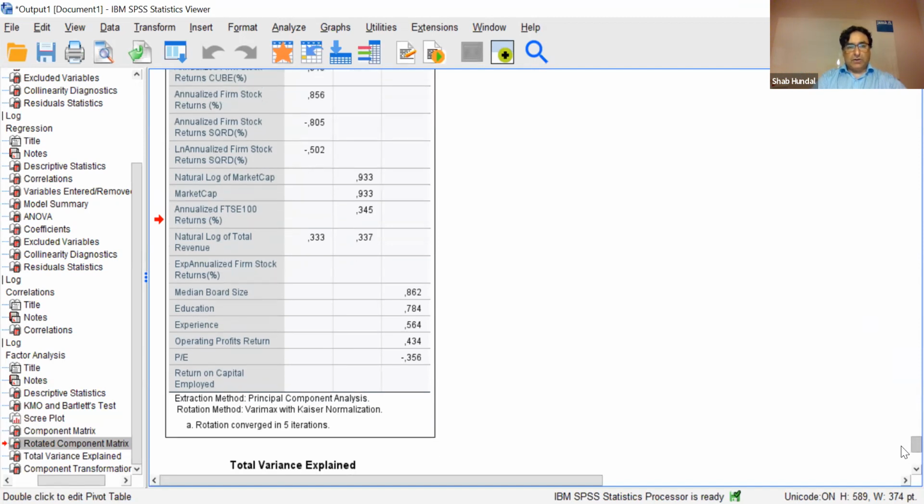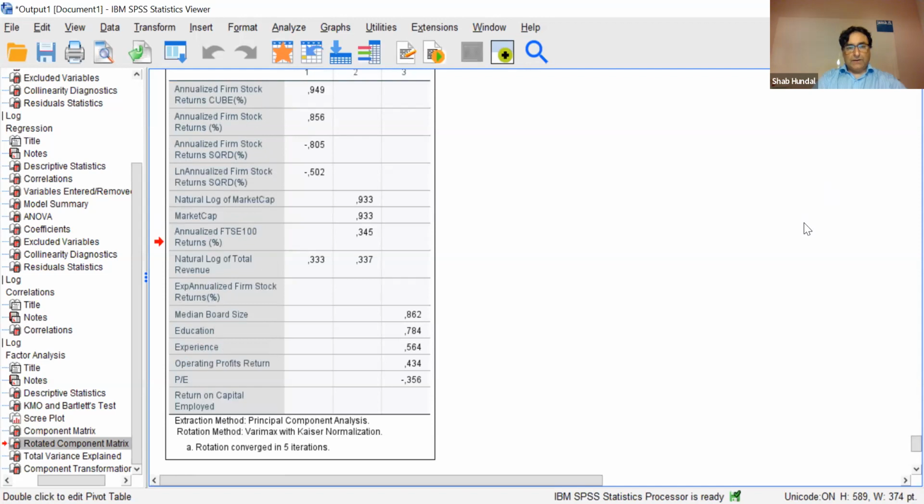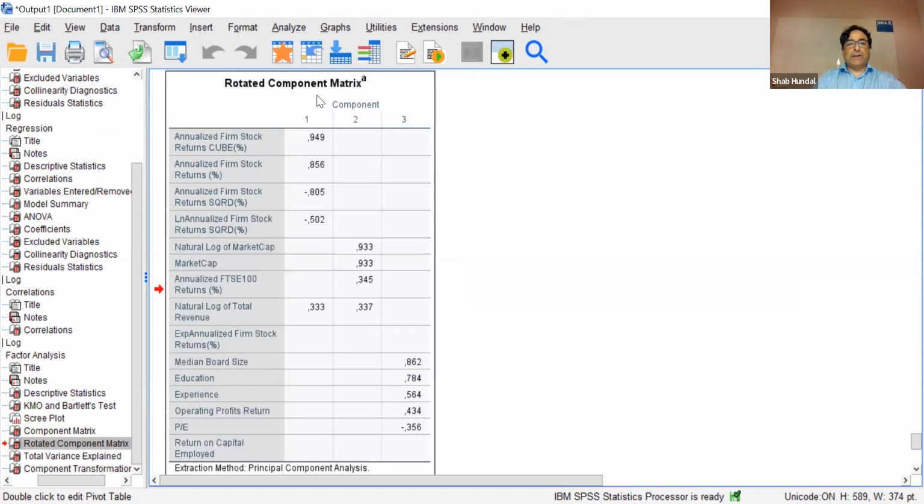Stefan, if you take a screenshot, then you can help me in calculating the factors, how we calculate the factors. And please bear in mind that for the sake of this workshop, you assume that in factor 1, annualized firm stock return, cube, squared, and logarithm are different variables. These are not the same variables.